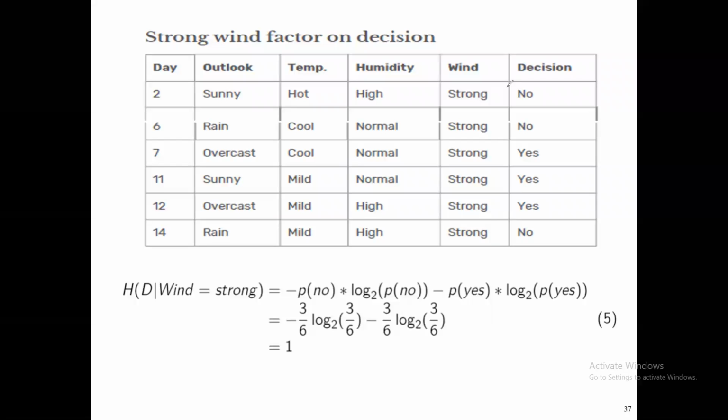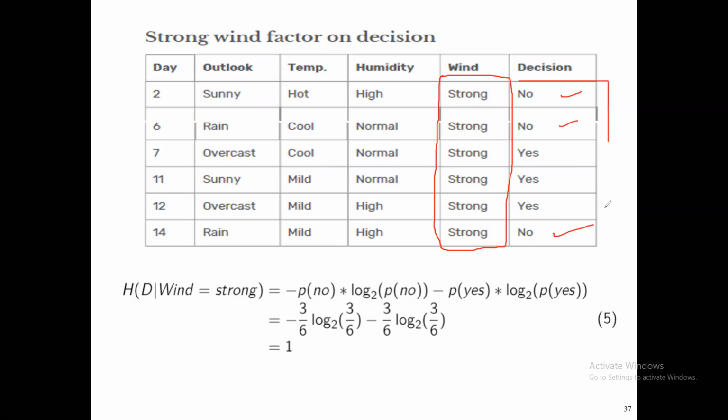On the other hand, for wind equals strong, we can again visualize this reduced training set where all the examples are for wind equals strong. Here we find out that there are 3 no values out of total 6 examples. So Pi for no is 3 by 6.